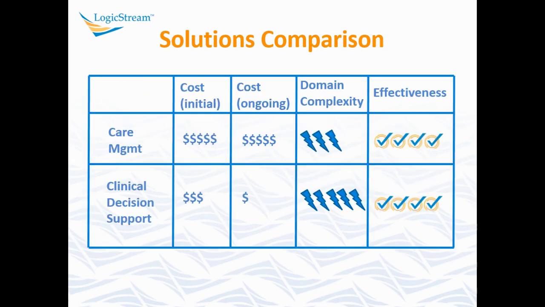So when we compare these solutions, care management is typically used more for errors of omission, again, so for potentially recommended screening tests, as we mentioned earlier, and for getting people scheduled for chronic care. There are other ways to use care management, but primarily that's how it's used.